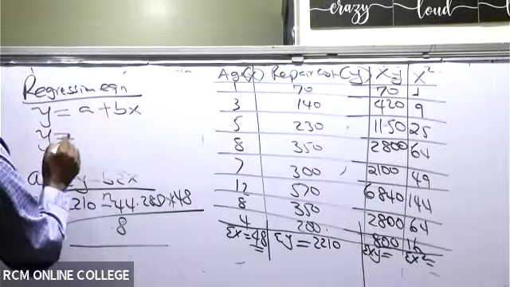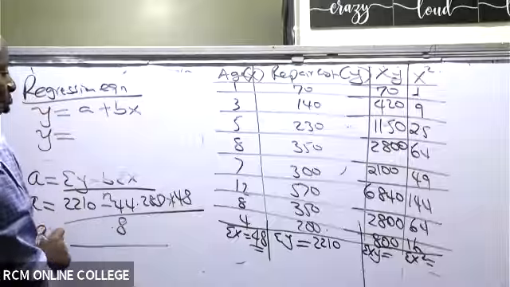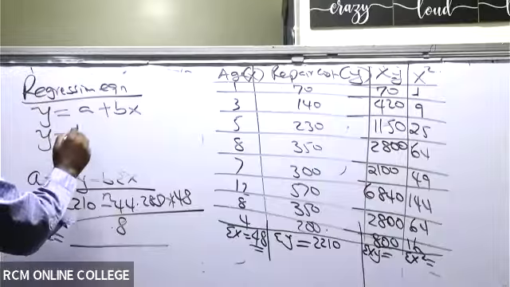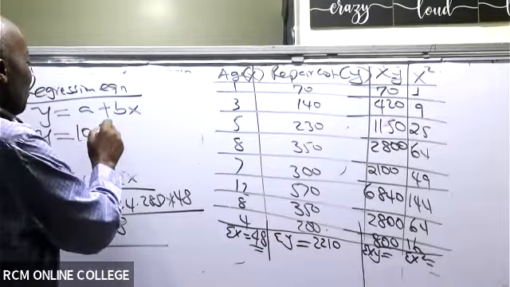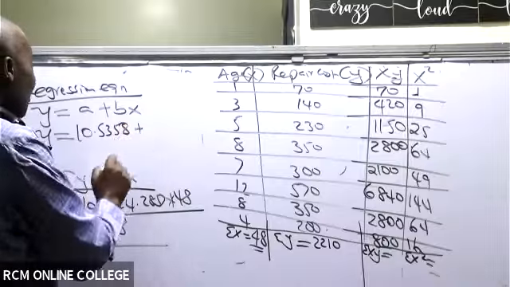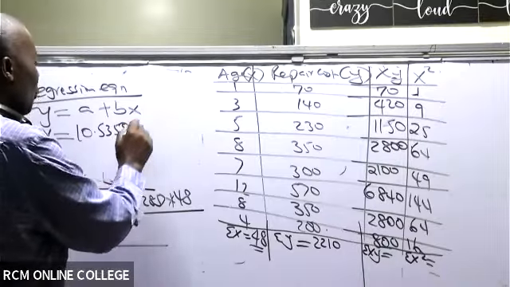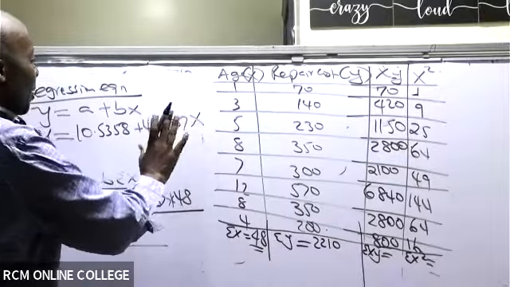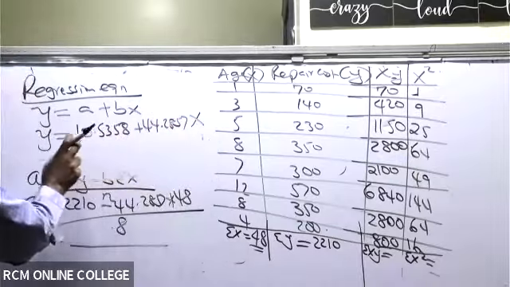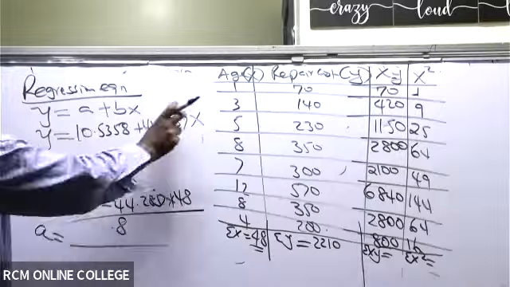So my y will be equal to a, which we got here, 10.5358, plus b, which is 44.2857 x. Remember, the regression equation gives us the connection between the dependent variable and the independent variable.